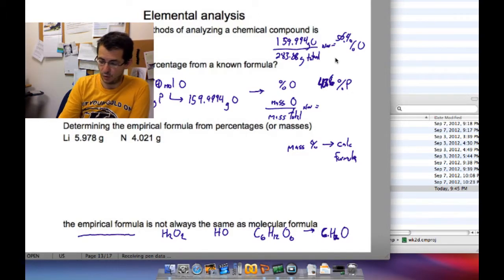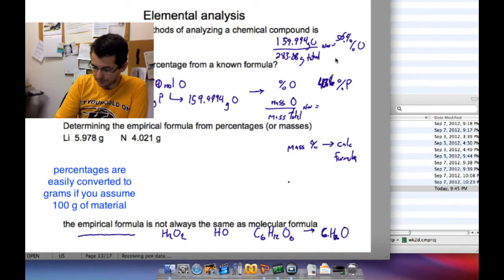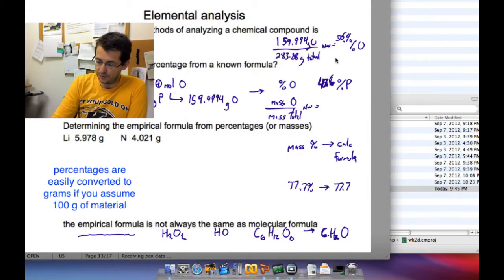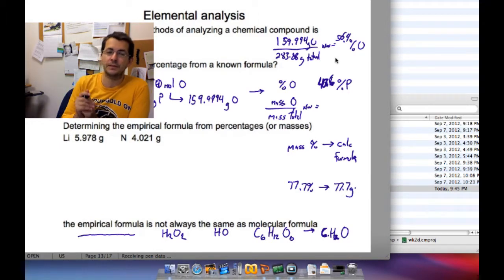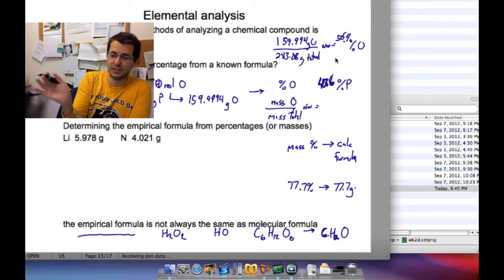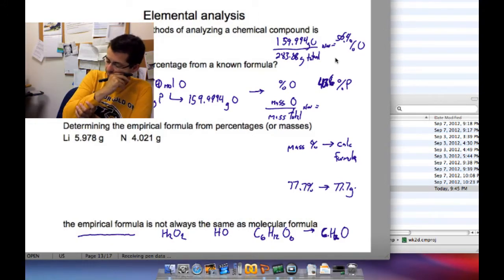Just as a quick tip, if something is 77.7%, we could just pretend that we have 100 grams of total. 77.7 grams. So you can then convert that into something. So percentage to grams is easy. You just assume you have 100 grams. So once we have our mass, we can then convert that into moles.